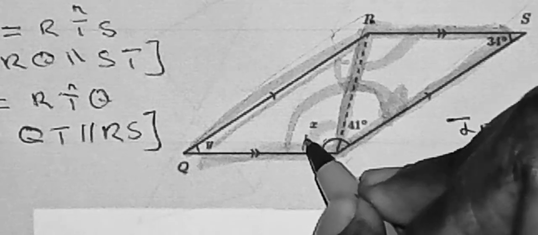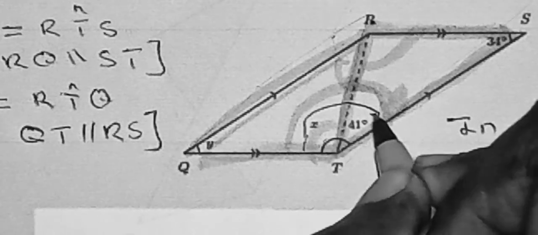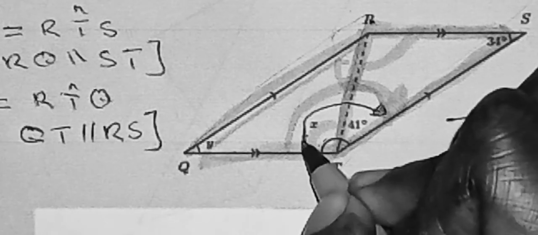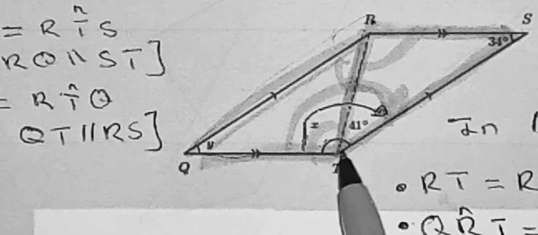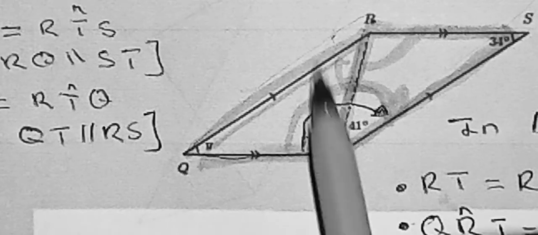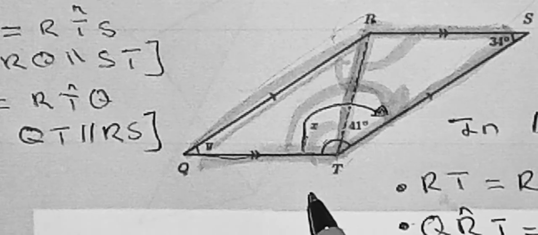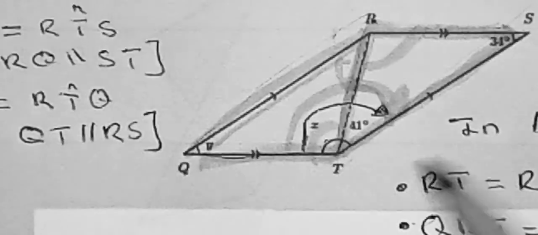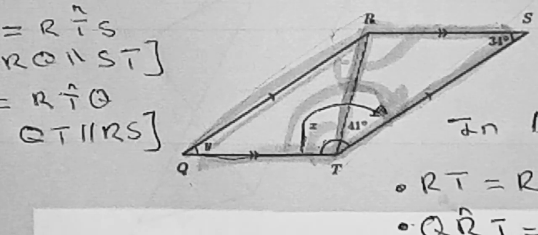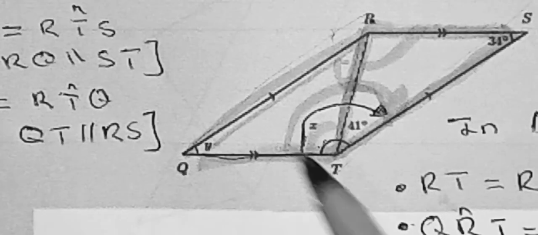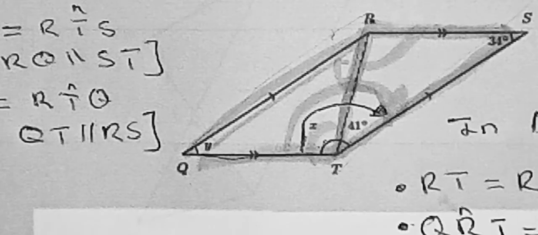This whole angle T is 41 degrees. And we have our x in this angle from here to here. So our x is right here, and then this whole angle is 41 degrees. So angle QTR is equal to x, while the whole angle QTS is 41 degrees.